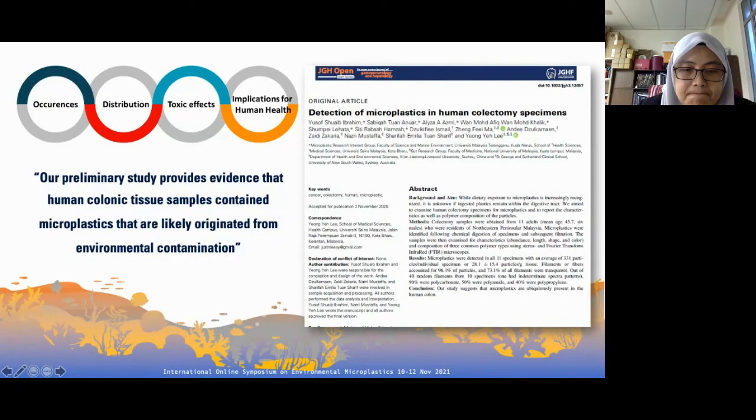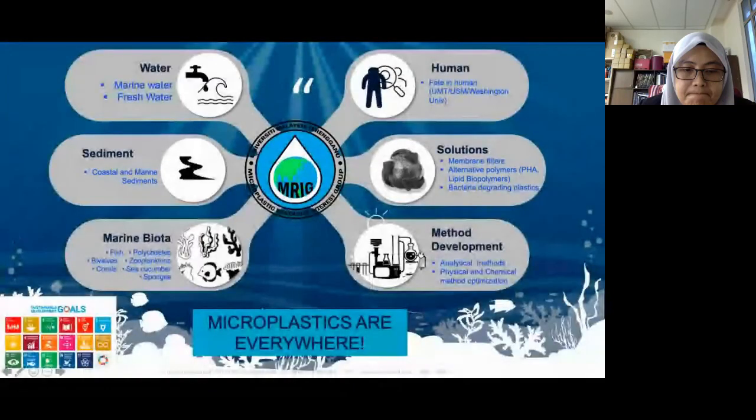Our preliminary studies also prove that there are microplastics in the human community that likely originated from environmental contamination. To sum up, here's our group. We also monitor microplastics in other matrices, not only in biota.